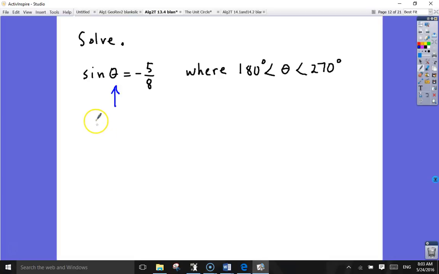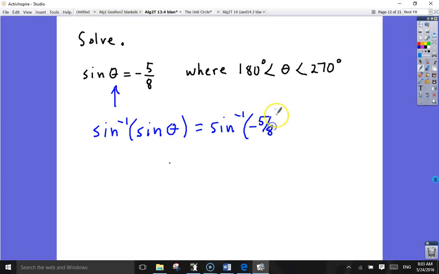You don't have to show this step all the time, but literally what we're doing is going sine inverse of the sine of theta equals the sine inverse of -5/8. Because we limited the domain, those are both functions, they cancel each other out. Now you get theta equals.